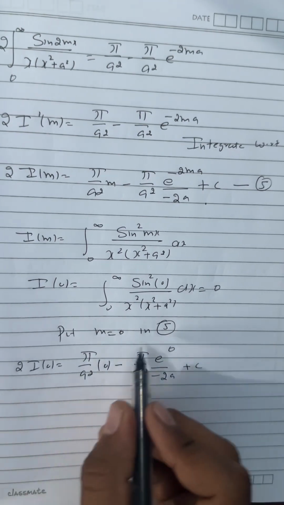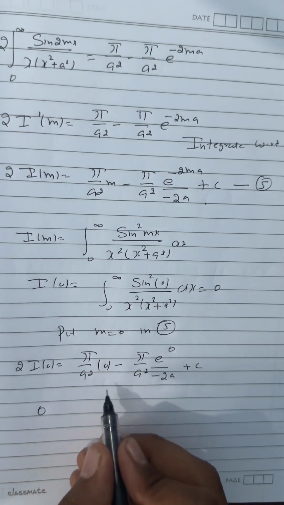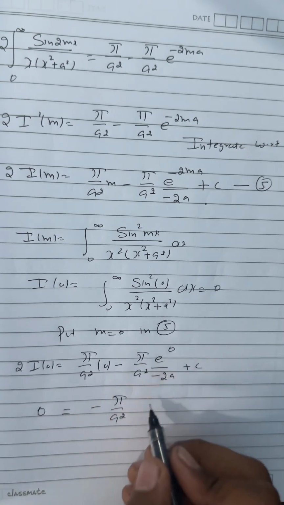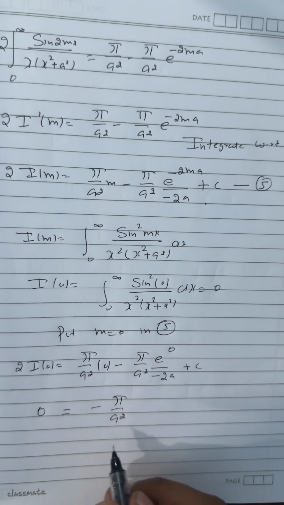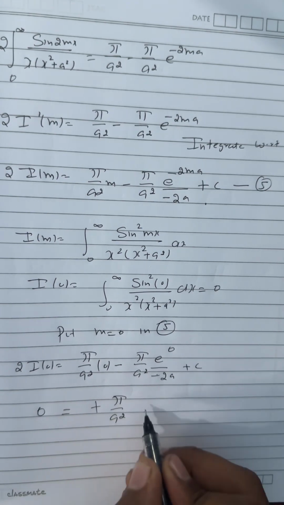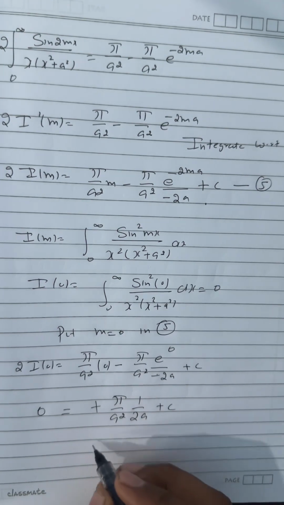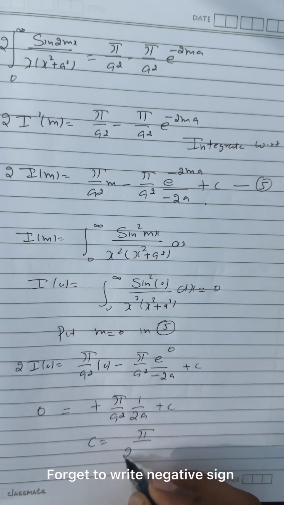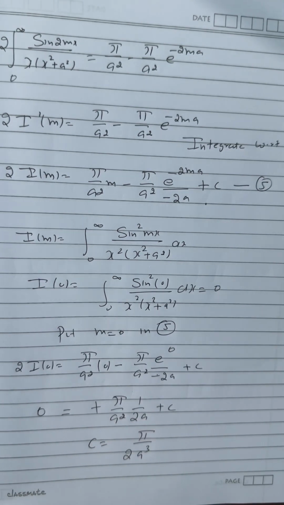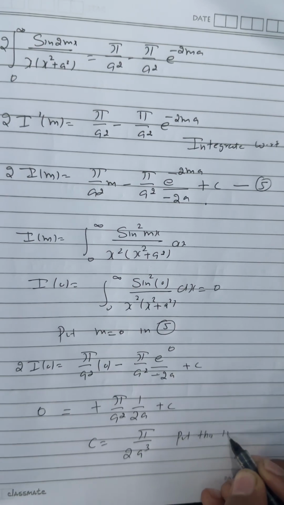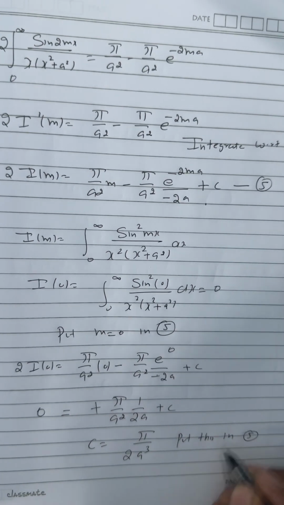So this is nothing but 0 equals minus pi by a square. e raised to power 0 is 1, minus minus plus, that is 1 by 2a, plus c. So c is nothing but pi by 2 times a cube, pi by 2a cube. That's all. Put this in equation 5.